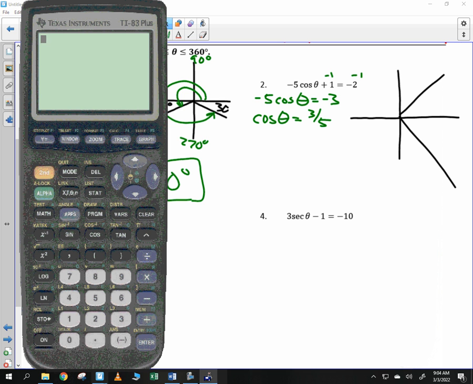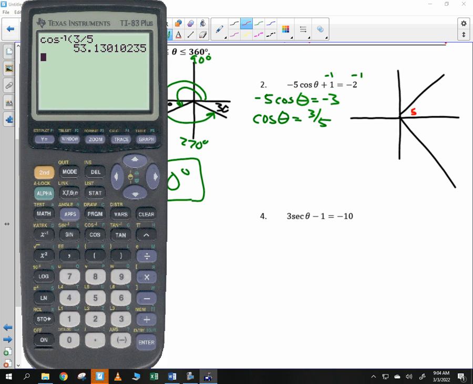Second cosine of 3 divided by 5. 53.13. Again, the reference angle always goes against the x-axis, never against the y-axis, always against the x-axis.